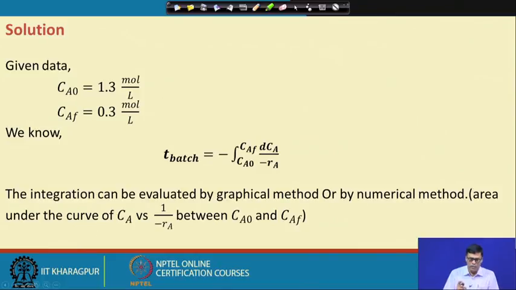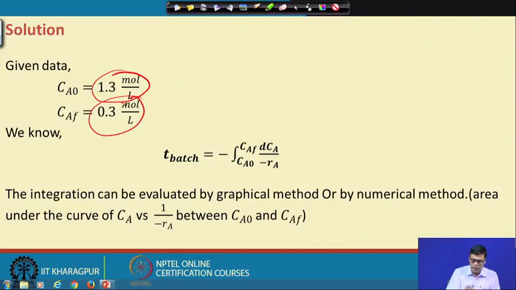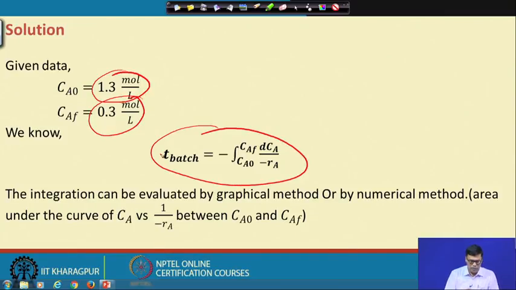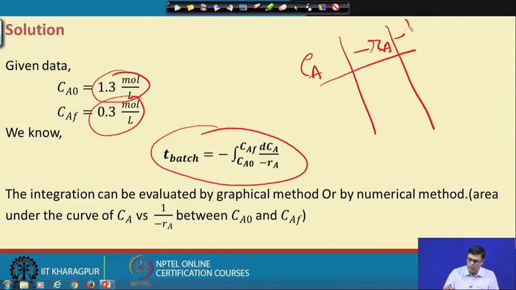Now, what are we planning to do? We want to reduce the substrate concentration from 1.3 mole per liter to 0.3 mole per liter, and this is the t batch equation that we already know. Here we have the data of Ca, and also the data of minus Ra, so we can find out the values of minus Ra at different values.